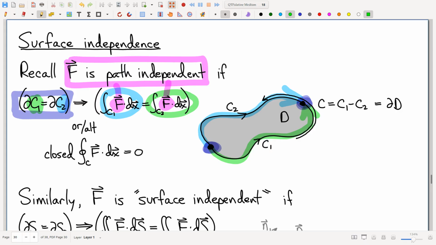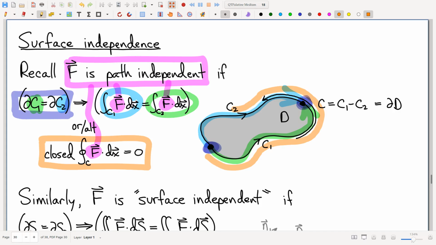Okay. And then recall there's a different take, which is that a vector field is path independent if, when you look at the closed line integral going all the way around, as you might say, sort of C1 minus C2, positive direction along C1, but then backwards along C2, that integral is always 0. So, I hope everybody remembers this path independence.